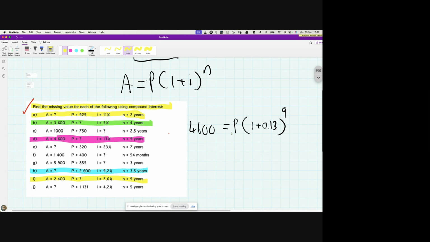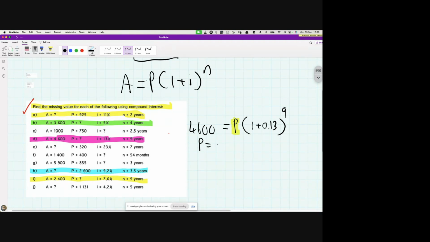So I'm really having to get this P by itself. So what am I getting for the principal value in the calculation? I'm going fraction button, 4,600. And then on the bottom, I'm just going to put bracket 1 plus 0.13, or you could say 1.13 to the power of 9.